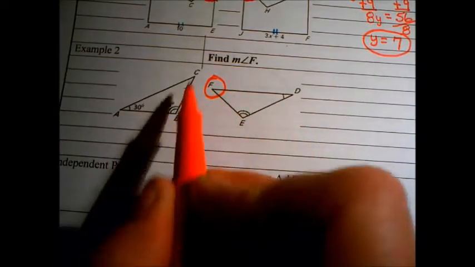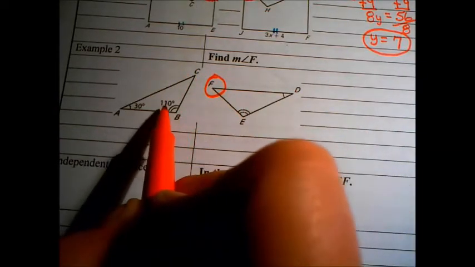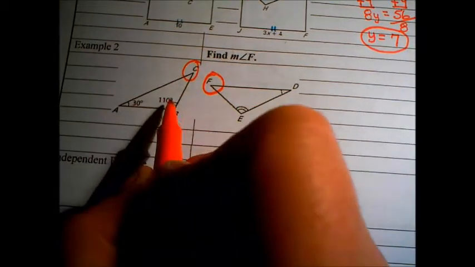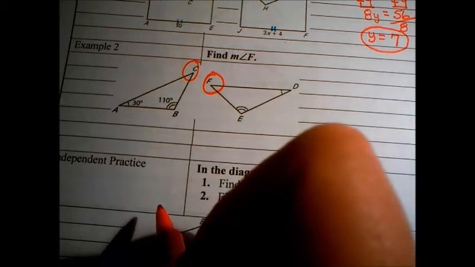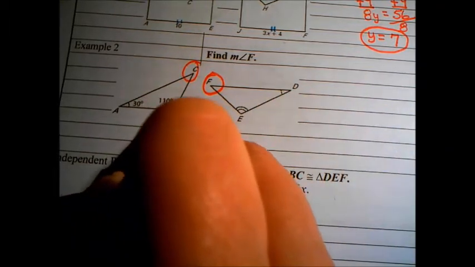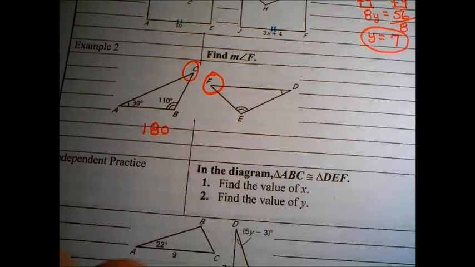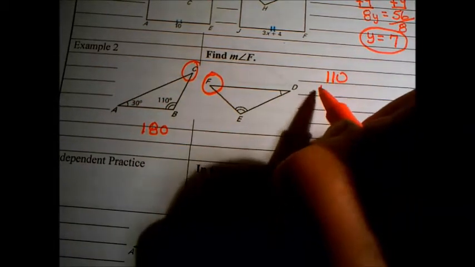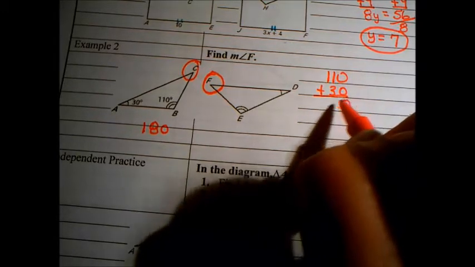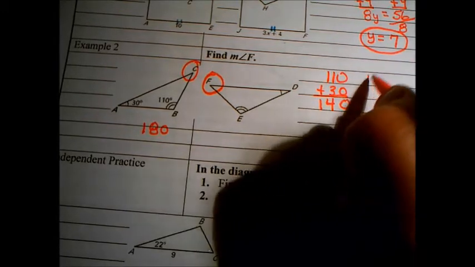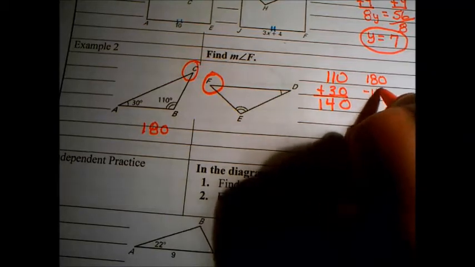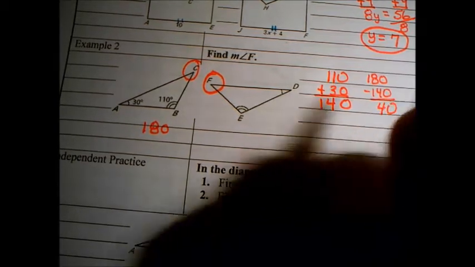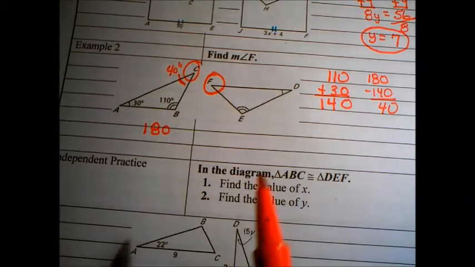If I look at the ABC triangle, I know this is 30 and 110, so I can find the C angle because I know all three angles of a triangle add to a total of 180 degrees. So if I take 110 plus 30, that gives me 140, and 180 minus 140 tells me that this remaining angle up here is 40 degrees.